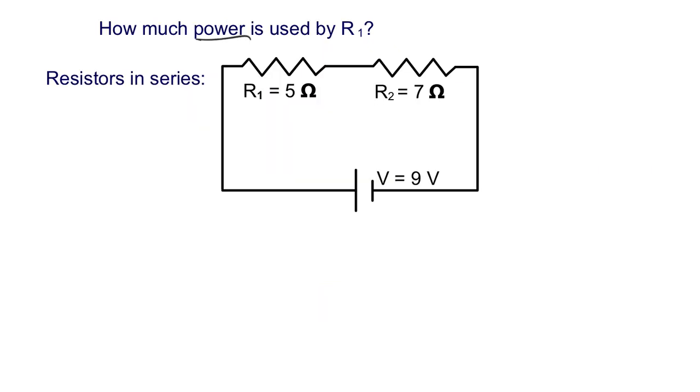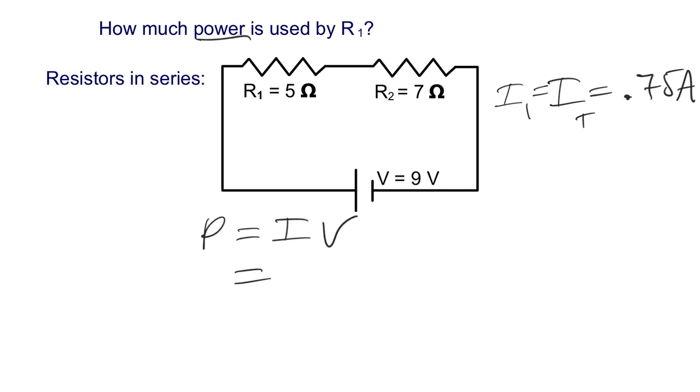How much power is used by R1? Well, I have the total current, or I1, is 0.75 amps. We already did that. So P equals IV. The current running through R1 is the same as anywhere throughout the circuit, 0.75.